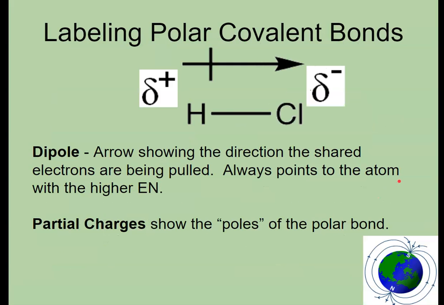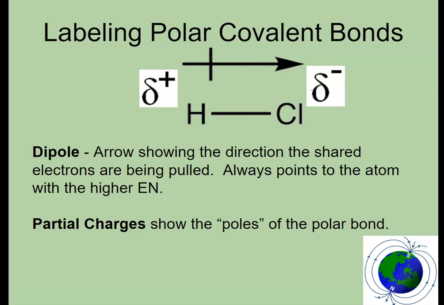All right, now one thing that we want to do when we label polar covalent bonds is draw the dipole and the partial charges. This arrow with the plus on it, that's called the dipole or the bond dipole. The bond dipole is going to point in the direction that the electrons are being pulled more.